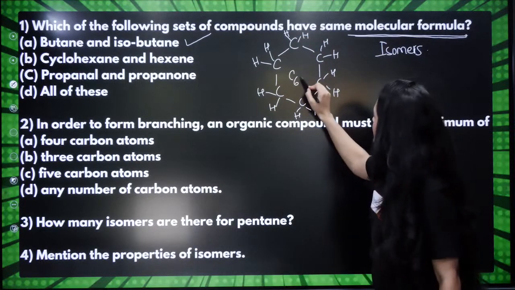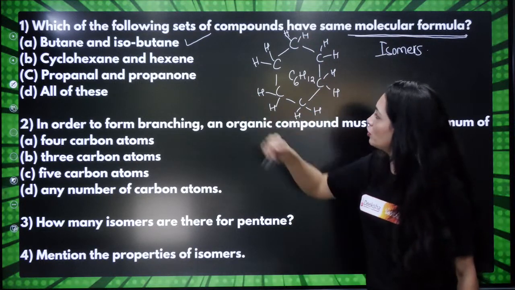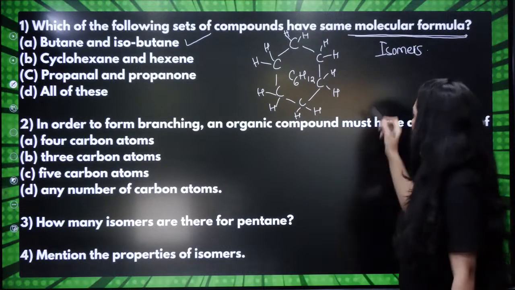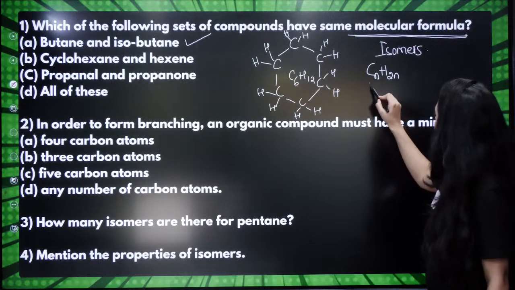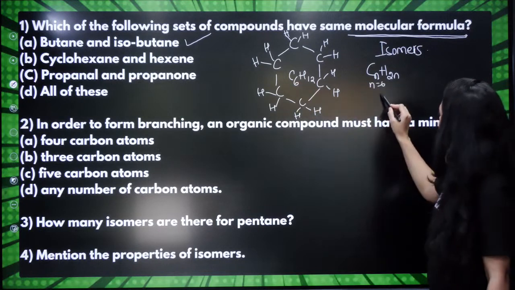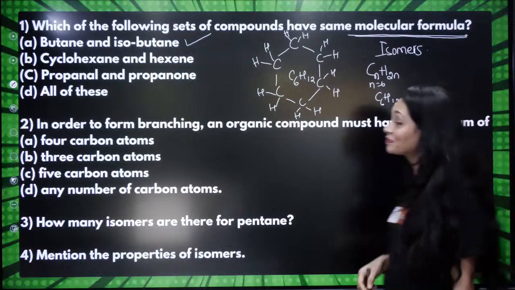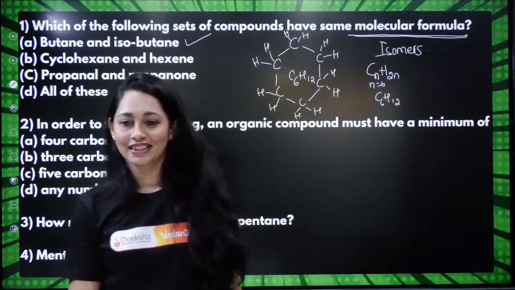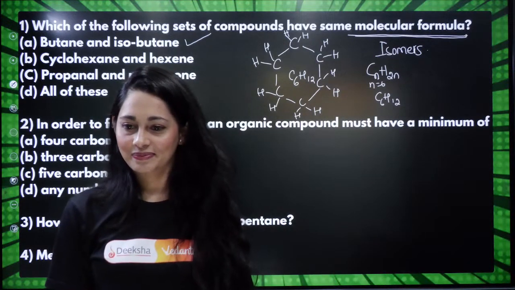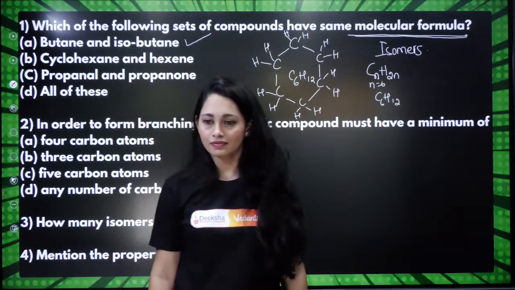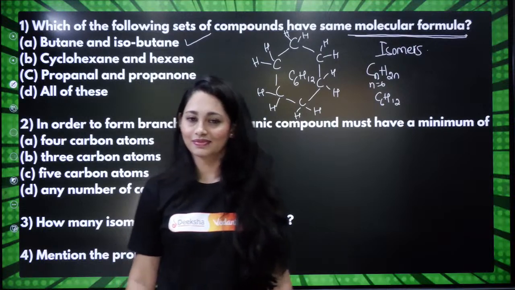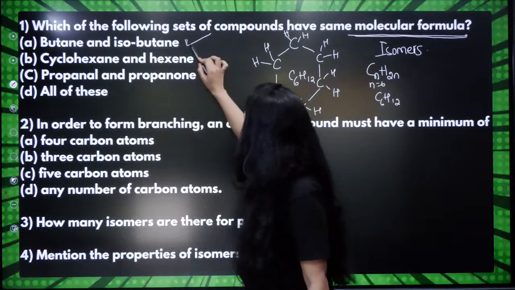Okay, it is C6H12. What about hexene? Calculate that. What is the general formula of alkene? CnH2n. So, n is equal to 6 in case of hexene. C6H12. Give me the answer now. Is it A? No. A is also isomer.